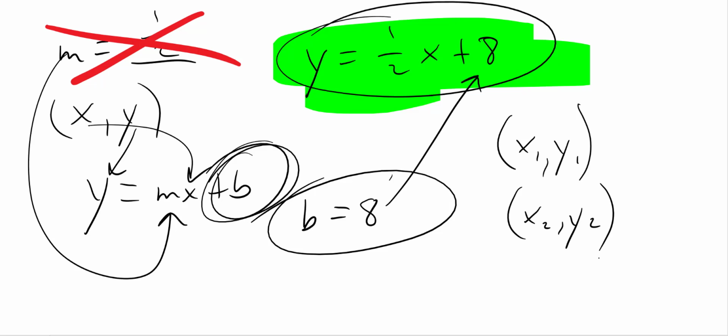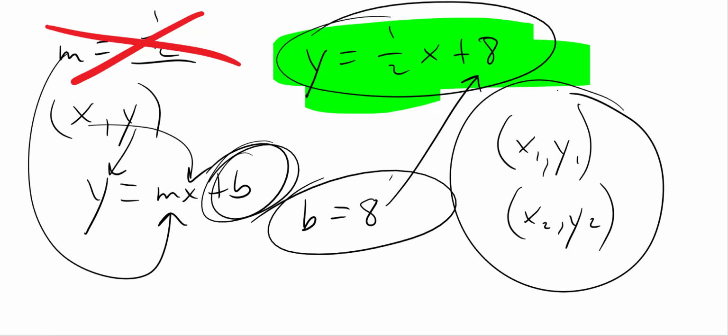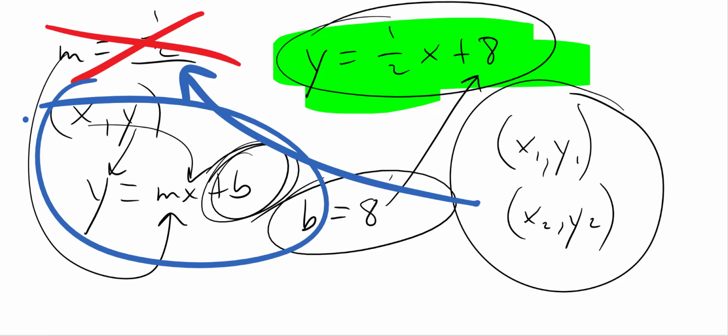So what do you think you're going to do first? Well, the first thing you're going to do is figure out the slope, and then we're going to go back to the old stuff that we did before to plug it in to find out the value of b. Okay, so let me clear all this out of here.